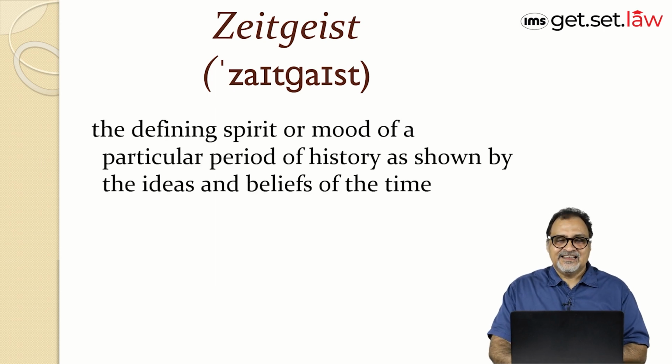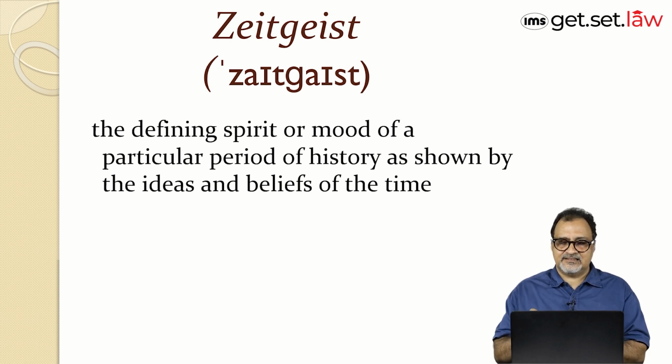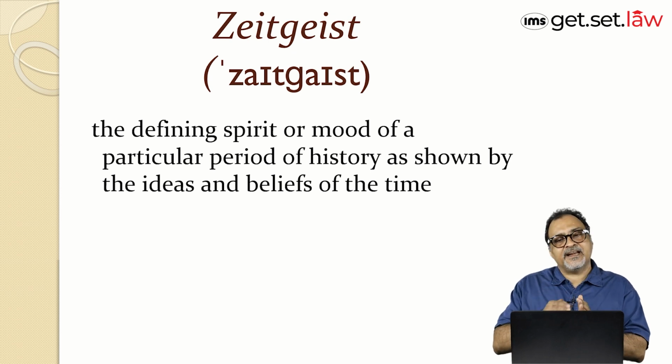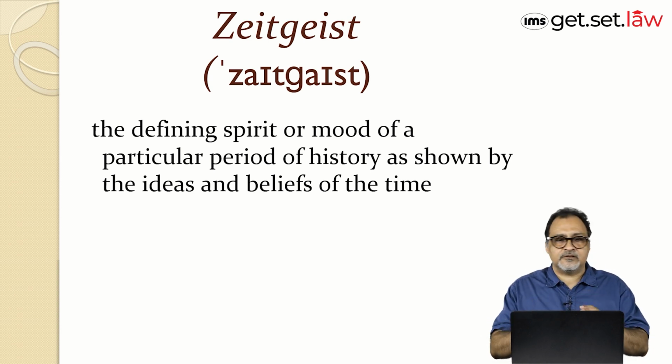Okay. So, Zeitgeist is the defining spirit or mood of a particular period of history, as shown by the ideas and beliefs of that time. So, for example, 1940s, Quit India movement. That was the defining mood of the nation. Okay, we don't want only Swaraj.